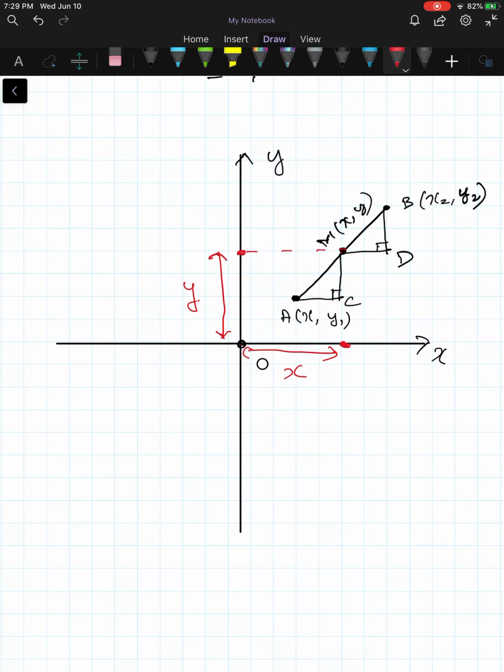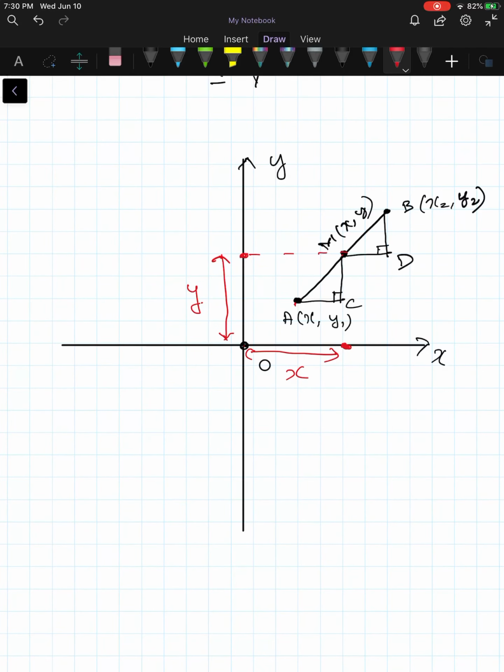Correct? Distance from origin to A would be x1, and origin to C would be x, which is already defined, and origin to D would be x2, right? And origin to B is y2.